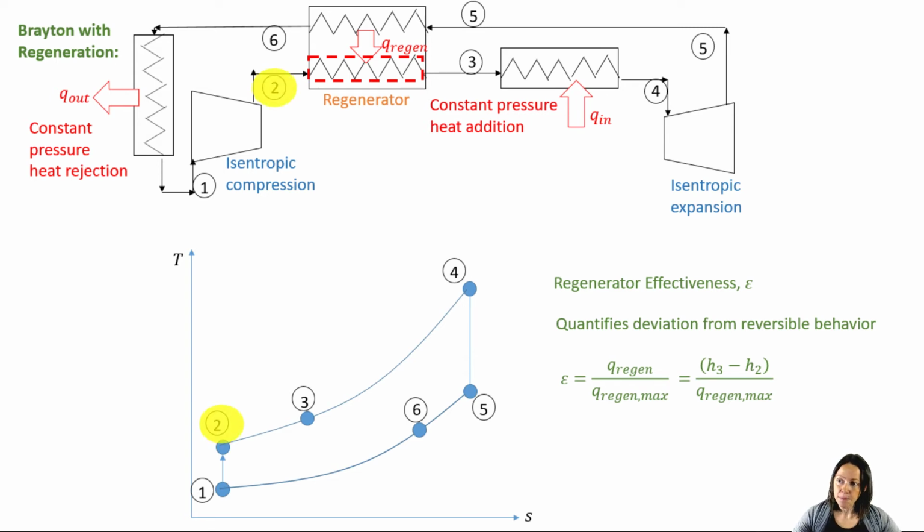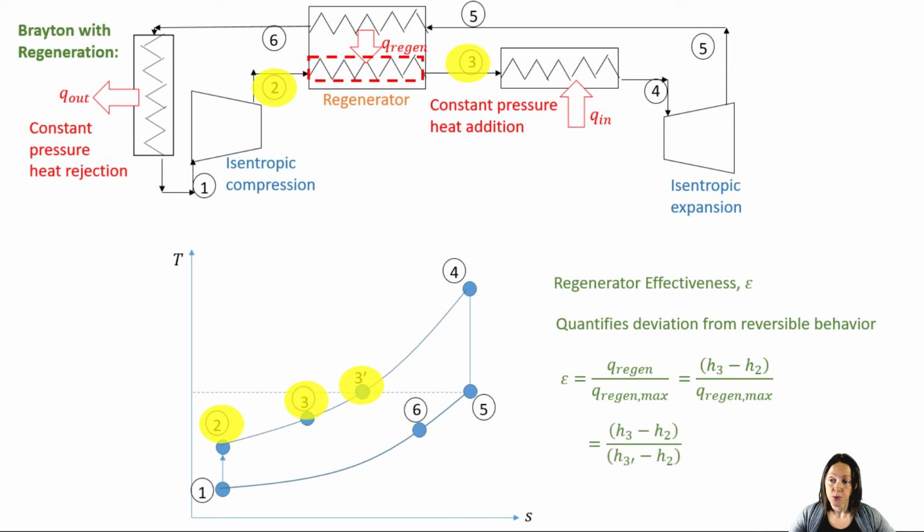Well, as my air flows from 2 to 3, it heats up because I'm transferring energy within the cycle as Q regen. Ideally, if that regenerator operated reversibly, it would have heated all the way up. By the time that air flowed from state 2 to state 3, it would have heated all the way up to the same temperature as state 5, which is the incoming hot stream, if you want to think of it like that. And I'm going to call that 3 prime.